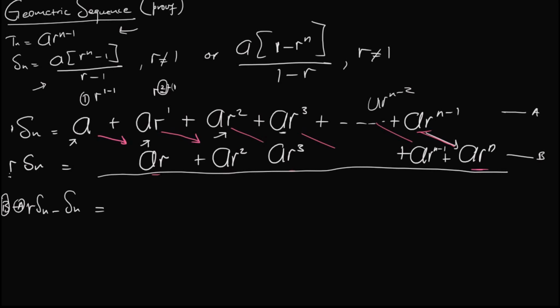Okay, so it's more like we have a zero over here. So 0 minus A is your negative A. This one, AR minus AR is a 0, so plus 0. AR squared minus AR squared is a 0.